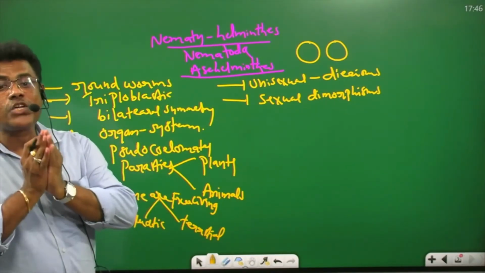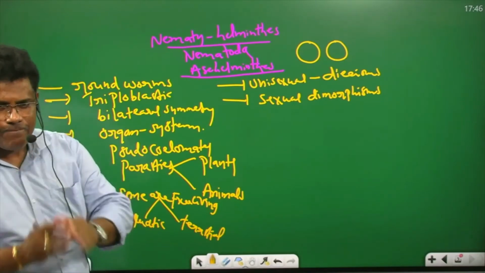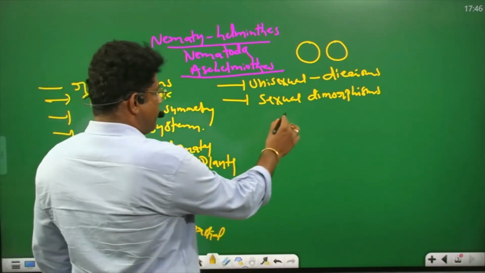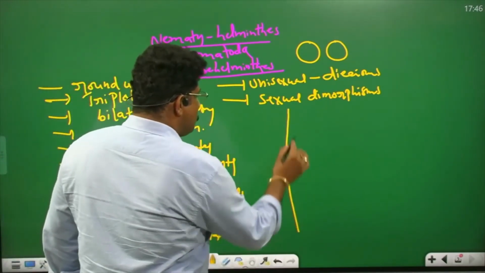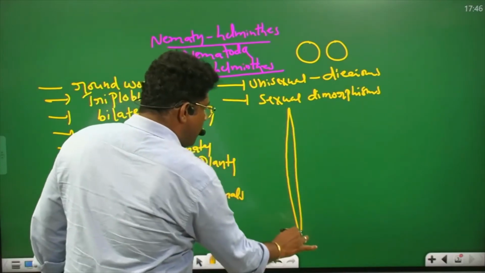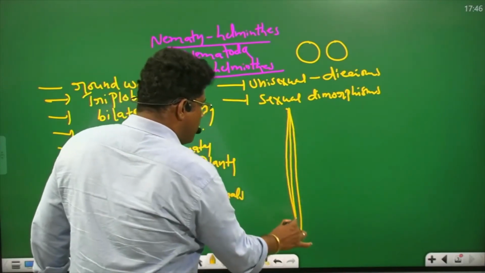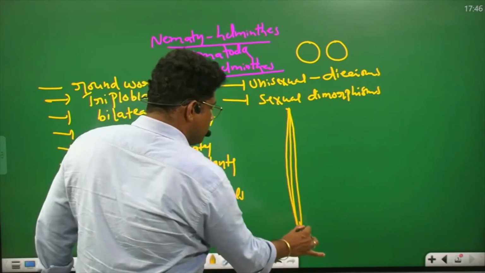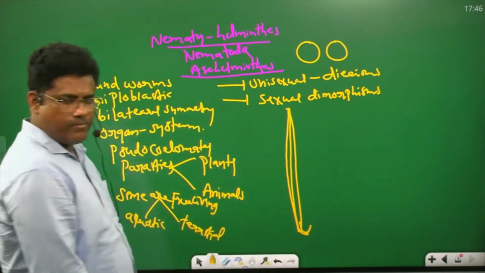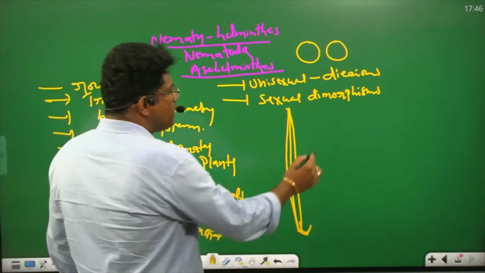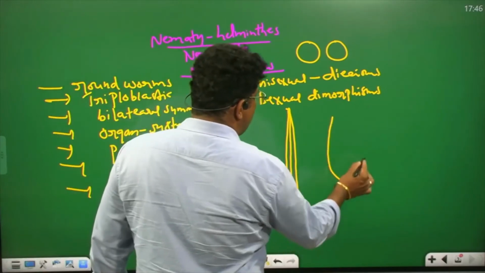That is called sexual dimorphism. For example, listen here, this is the female organism. This is female. This one is the male organism.